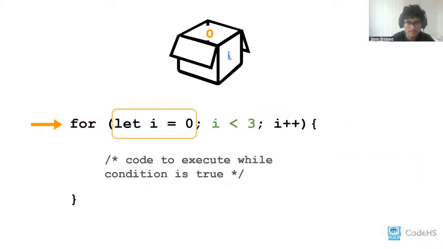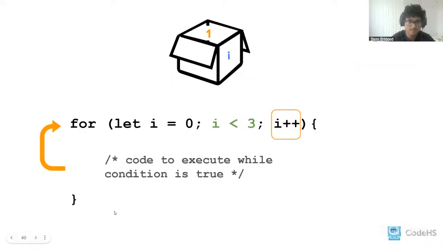So you make the variable I with a value of 0. I is less than 3 right now because I is 0, so you run the code inside. Then I plus plus runs. This basically runs at the end of the for loop, but you don't see it because it's up here. So I becomes 1.